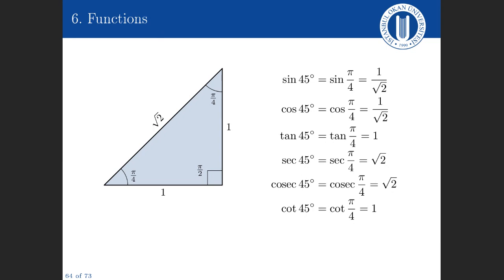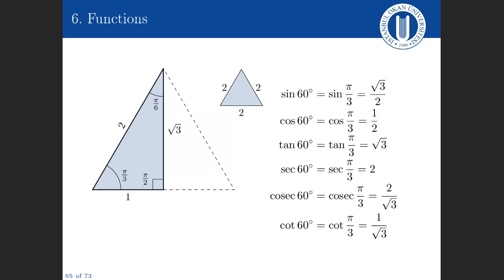Sine means the height divided by the hypotenuse, 1 divided by root 2. Cos means the base, 1 divided by root 2. And as soon as we know sine and cos, we can calculate tan, sec, cosec, and cotan using the formulas on the previous slide.